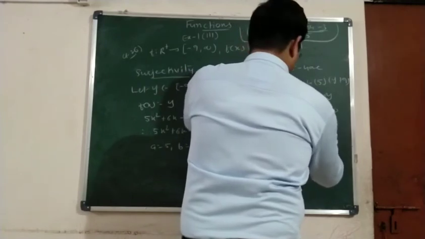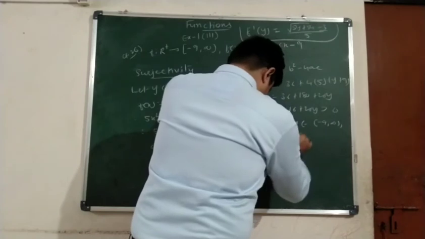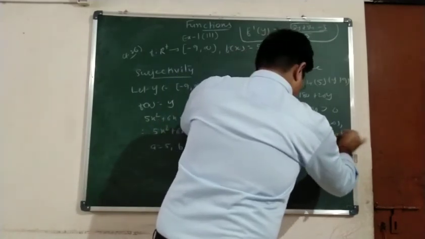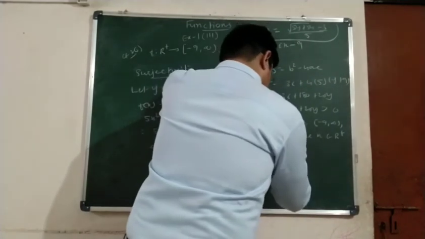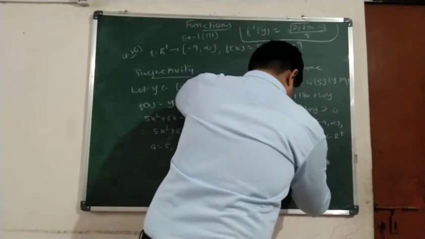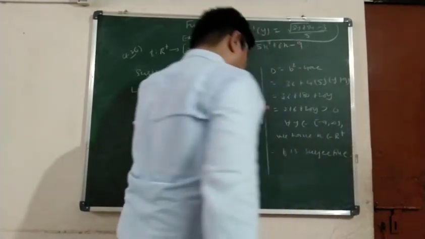And therefore for all y belonging to codomain, we have x belonging to domain, and therefore f is a surjective map, or it is a surjective function.